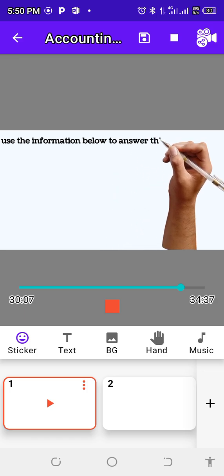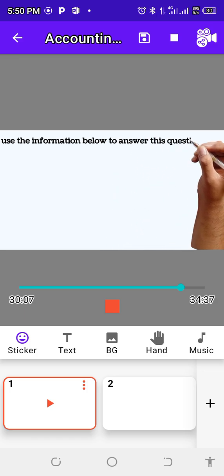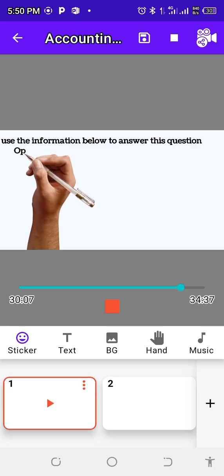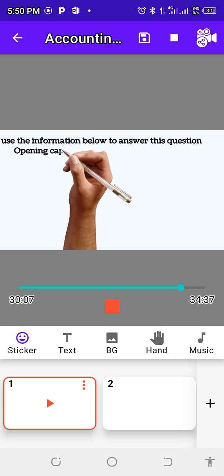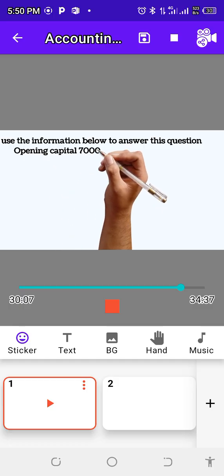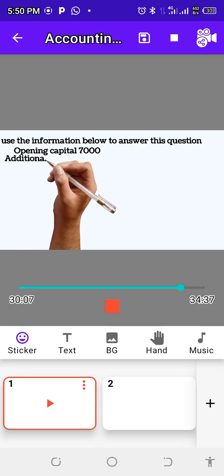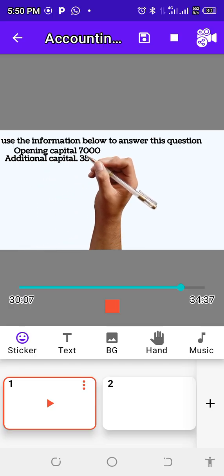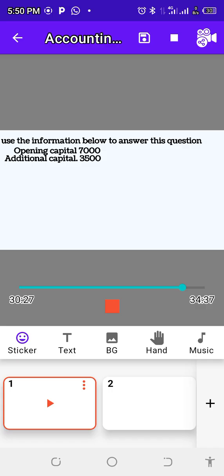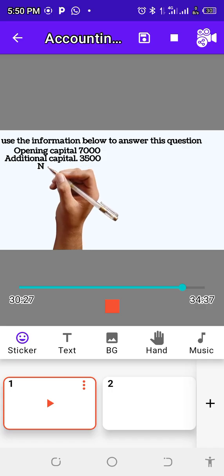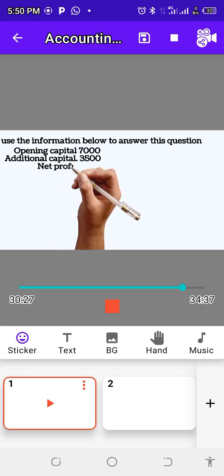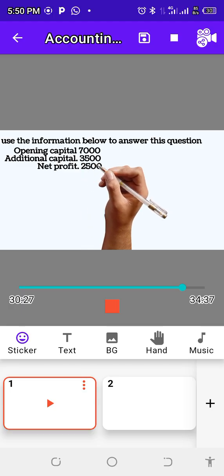And the question says, use the information below to answer these questions. Opening capital is 7,000. Additional capital is 3,500. Then net profit is 2,500.